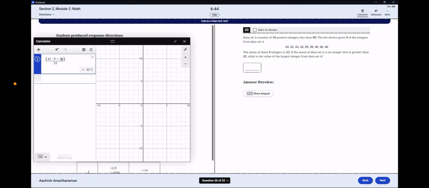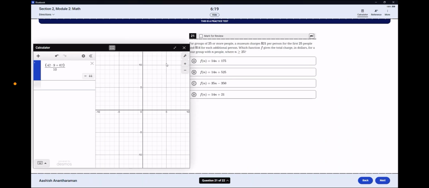It can't be a decimal like this. So if we try random numbers until we get an answer, it has to be less than 60. So let's go down. Looks like 52 is the answer, because the total mean is going to be an integer. Again, 62 is also going to be an integer, but it has to be less than 60. Okay, speed up.